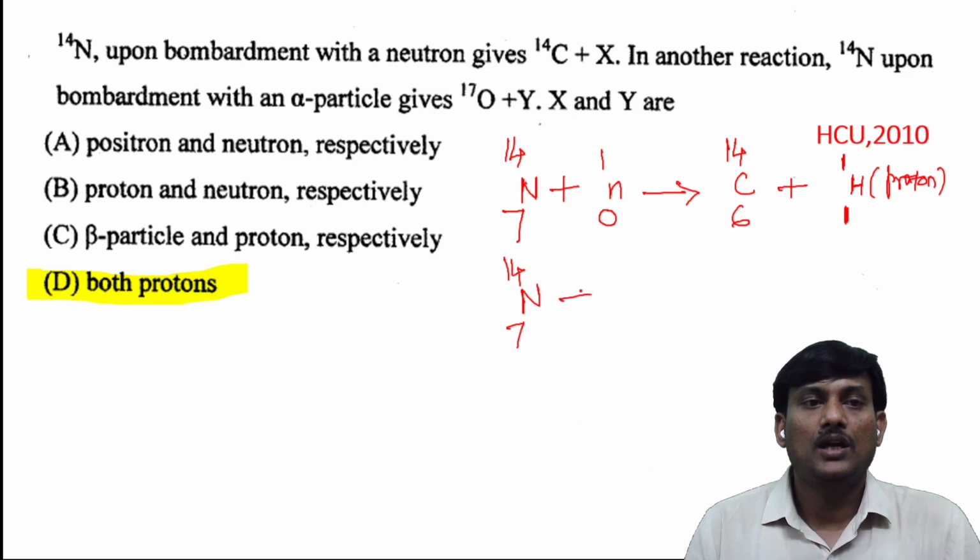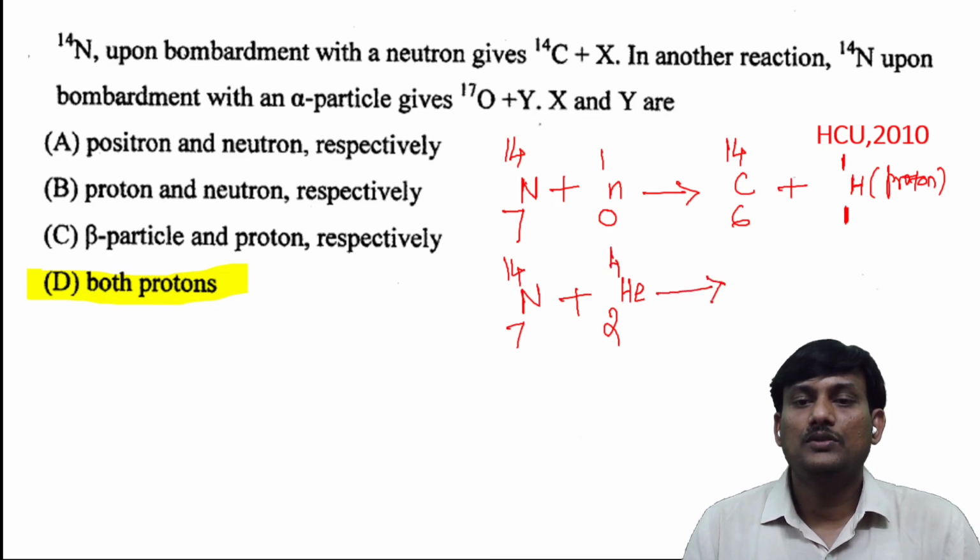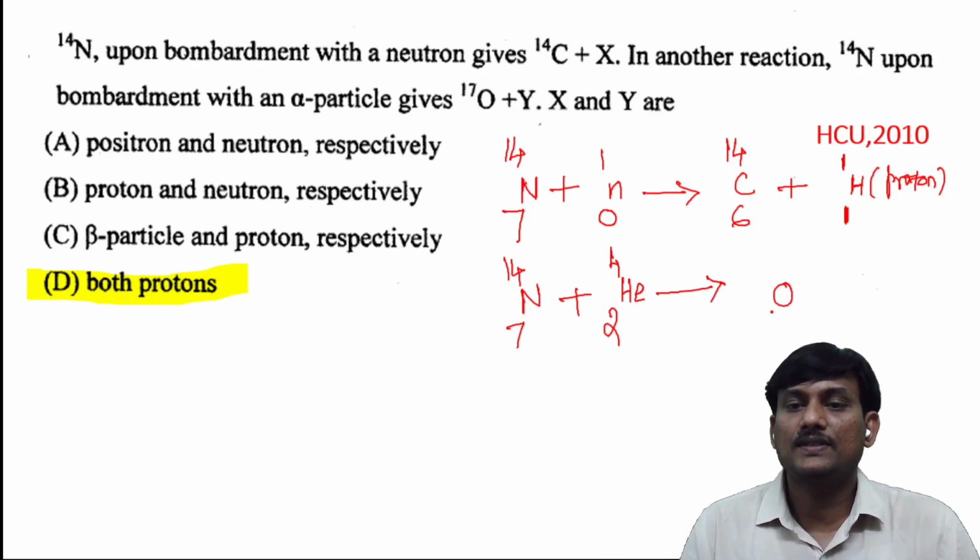Let's take the second nuclear reaction, that is 14N, 7 and 14, upon bombardment with an alpha particle, the dipositive helium nucleus, 2He4. So when you balance, 7 plus 2 is 9, but here there is a formation of oxygen, 8 and 17.